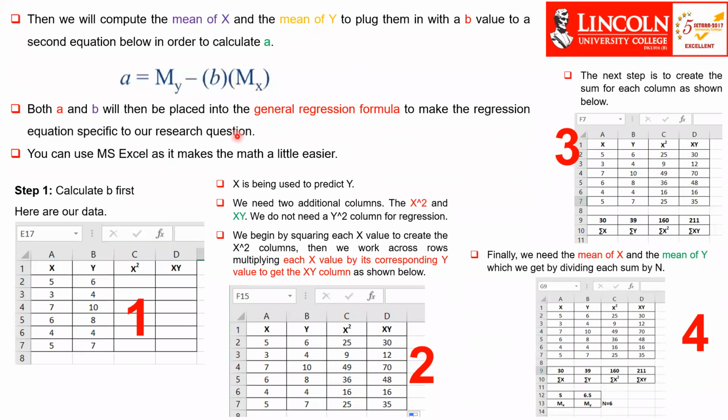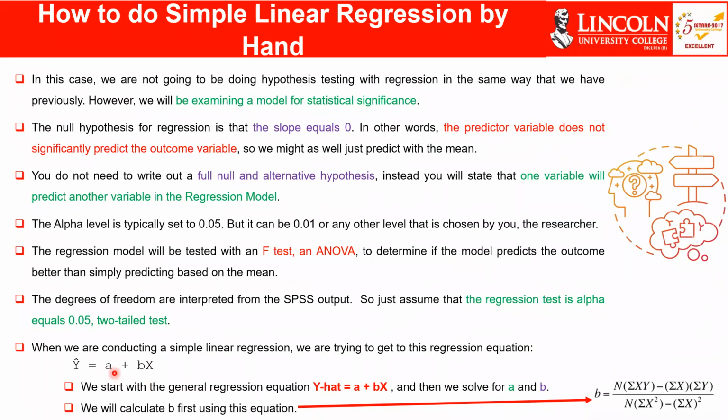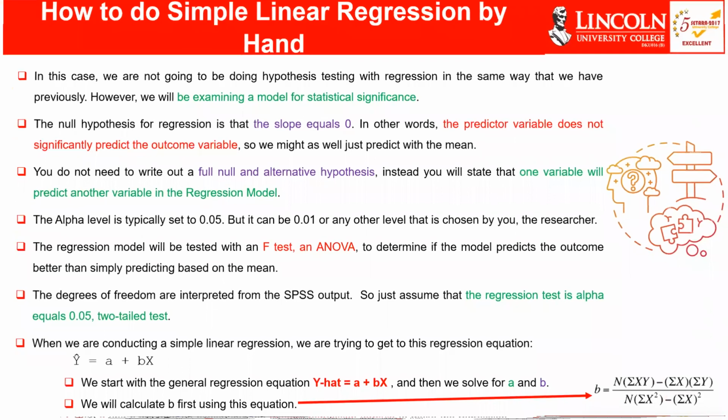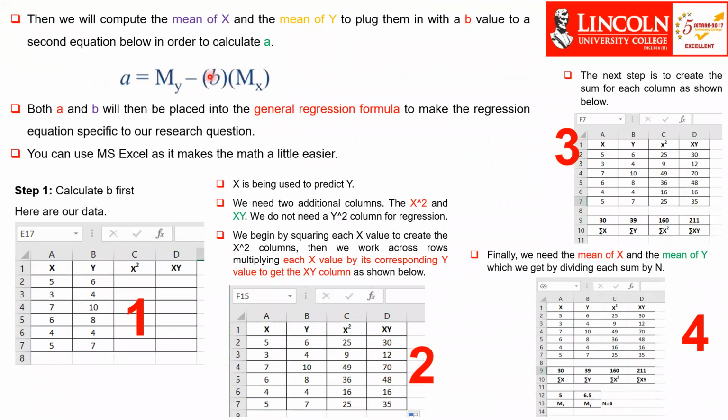So in order for us to use this formula, we need to compute for A and B, and we need to plug the values into this equation. The first thing we do is compute for B. The formula for computing for B is this, and the formula for computing for A is this. So you need to compute for B first before you compute for A.